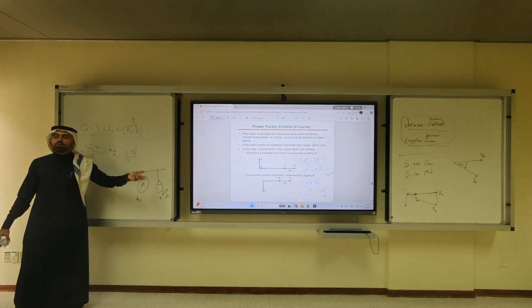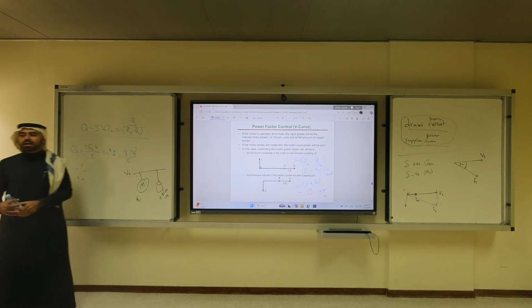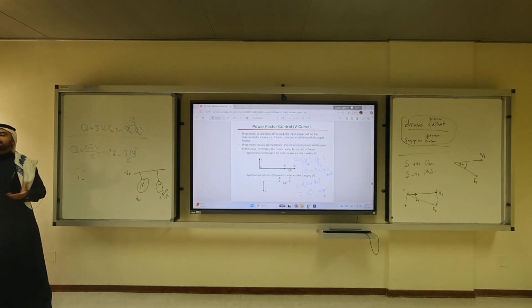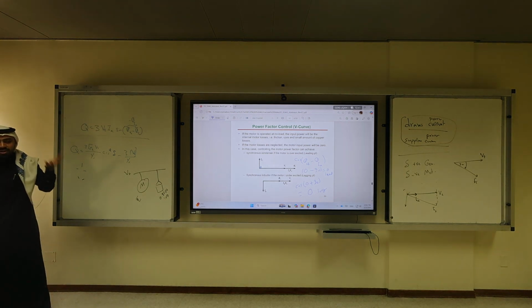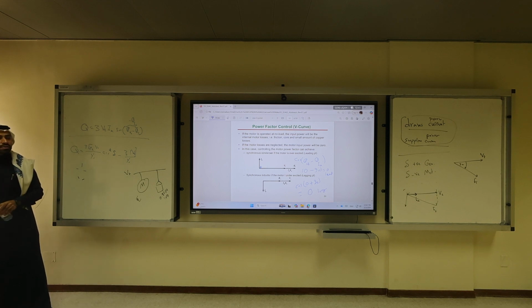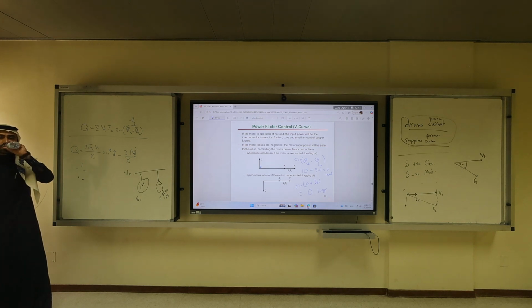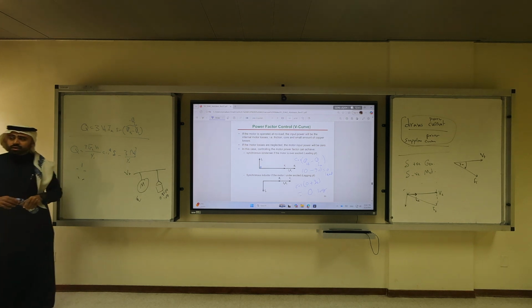In the absence of a reactor, which is an inductor plant, what should I use? Synchronous inductor. So those synchronous motors can be used as a replacement for capacitor banks or inductor banks. Clear? Any question?